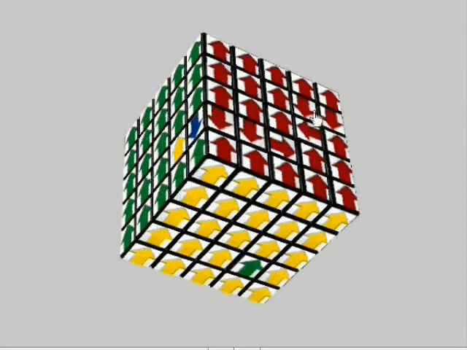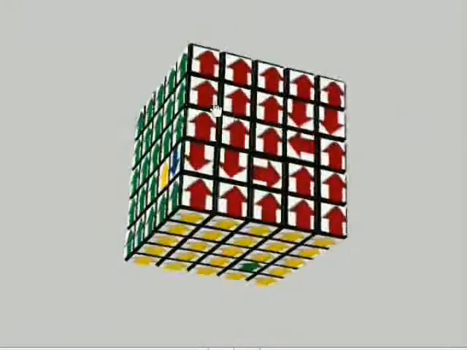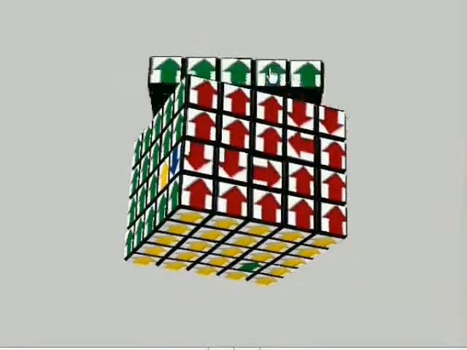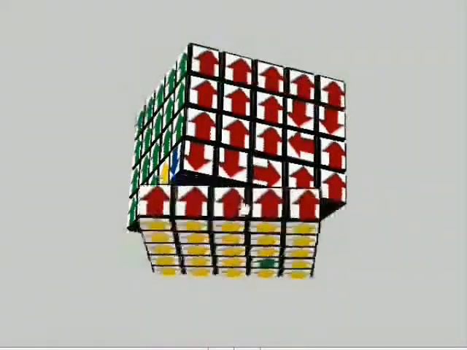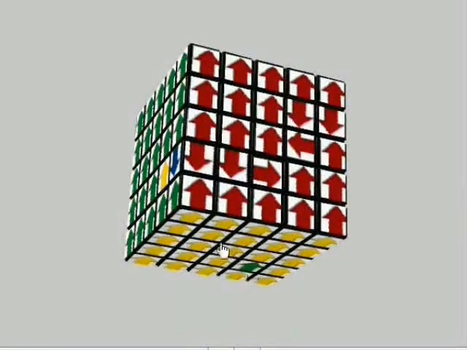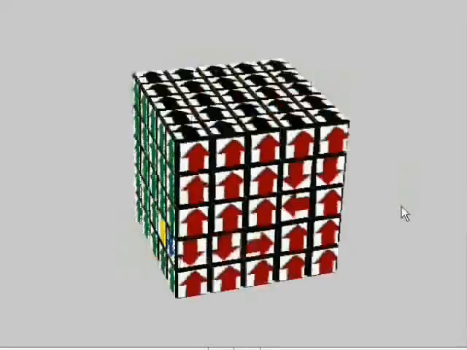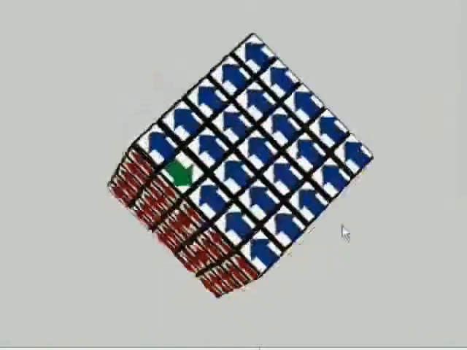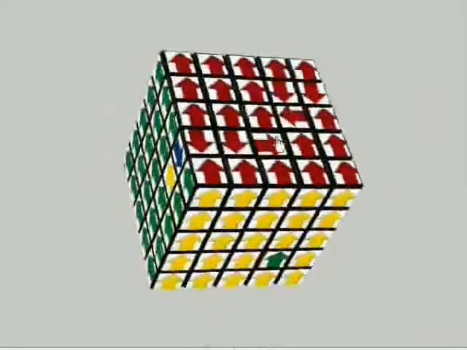So what we want to do, because we cannot really apply any slices through this front face except for outer slices U and D, which won't affect any pieces at all except for this piece right here will move with D. But with U, it's perfectly clean, it's not even touched at all.